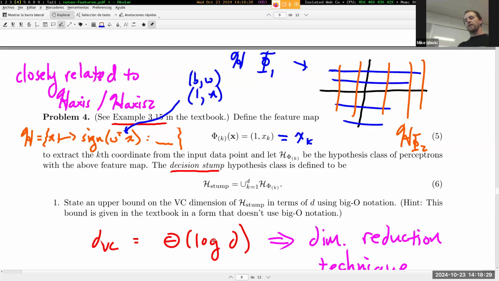Anytime you're selecting from D things, you get a log D in your VC dimension. Anytime the VC dimension contains a log of something, it's probably because somehow you're selecting between this many choices. We will see some other things in the future that also have some sort of selected dimension component going along with it.